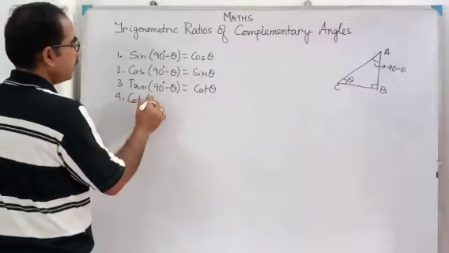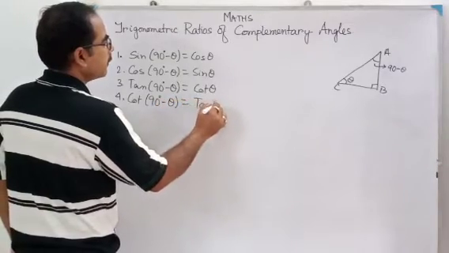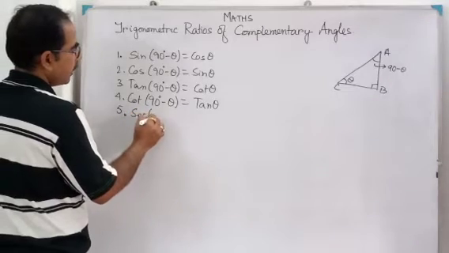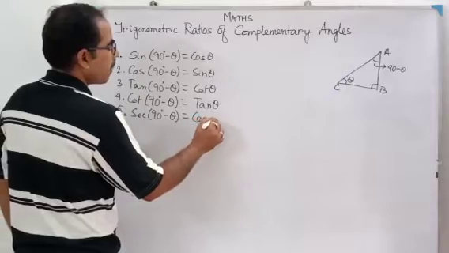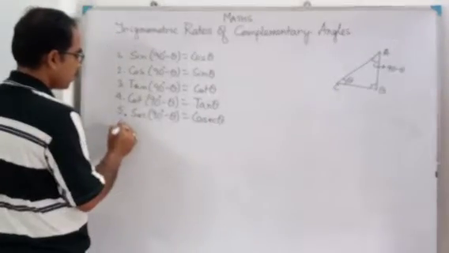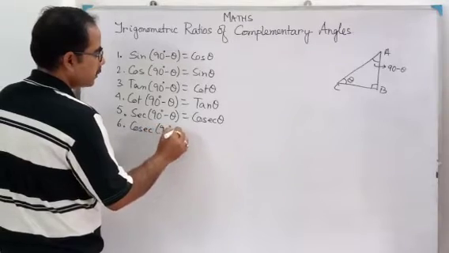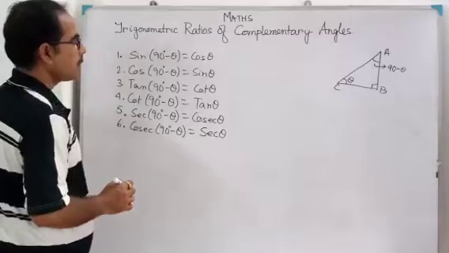Cot 90 degree minus theta will be tan theta. In a similar way, sec 90 degree minus theta will be cosec theta. And the last one, cosec 90 degree minus theta equal to sec theta. These are the basic formulas.